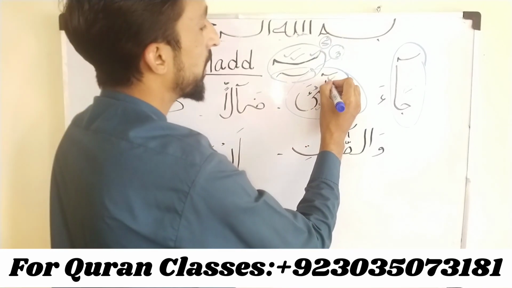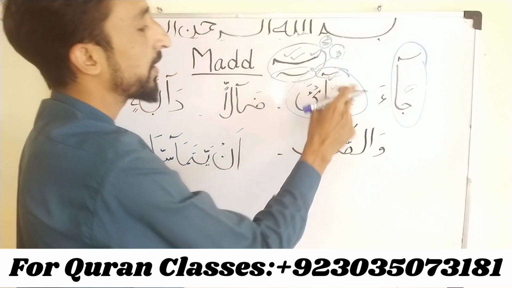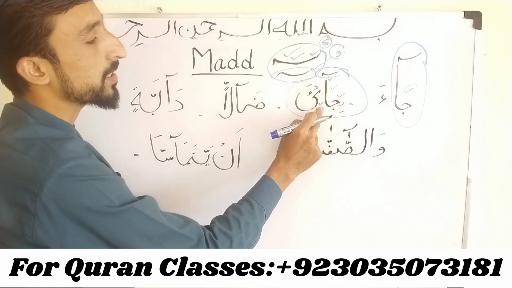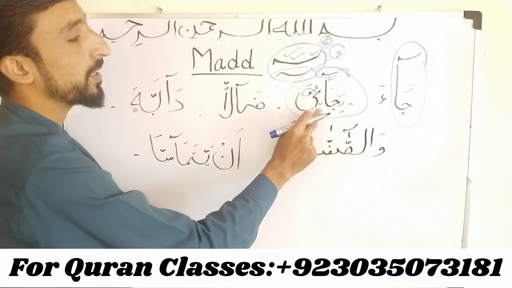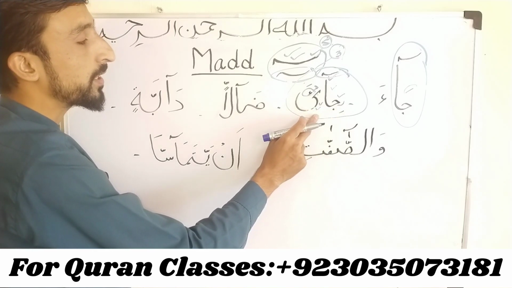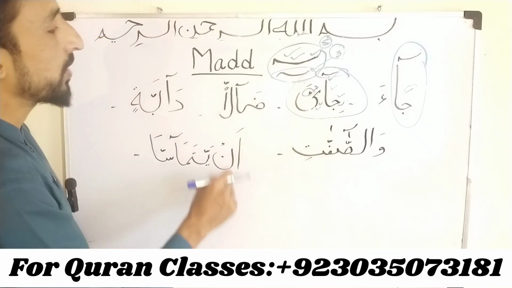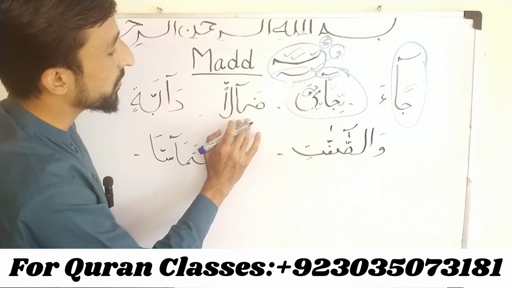Why do we read alif? Because alif has a sign of mad. Jim, alif, ya, kasra, ji. Hamza, fatha, ji.